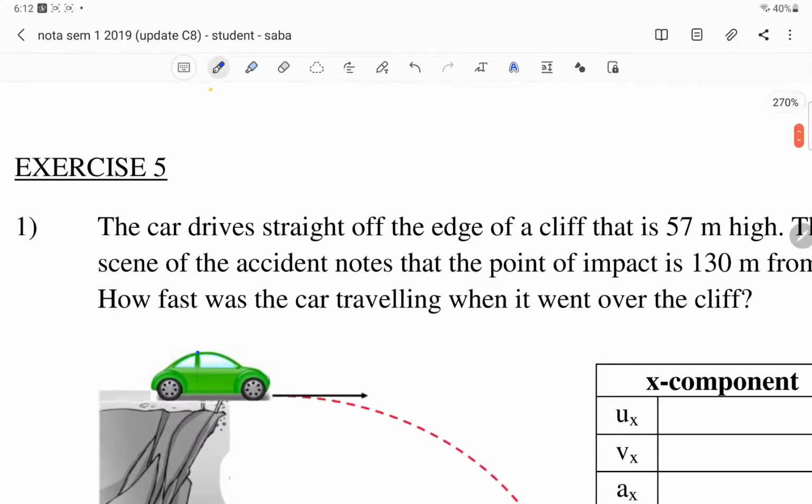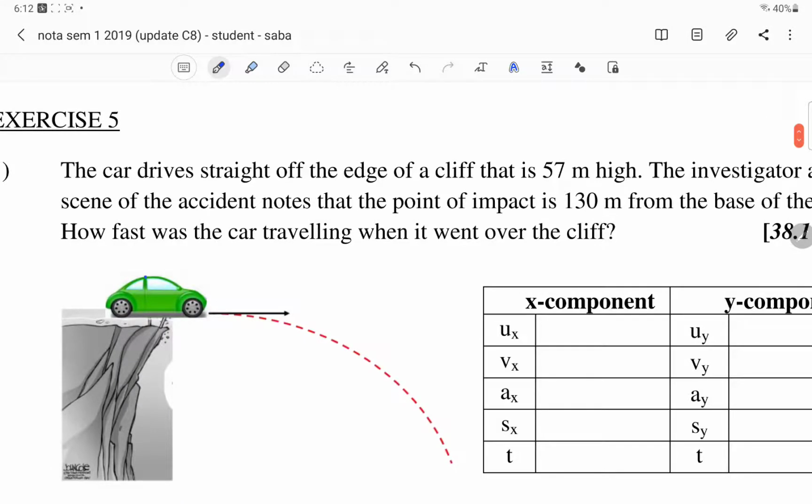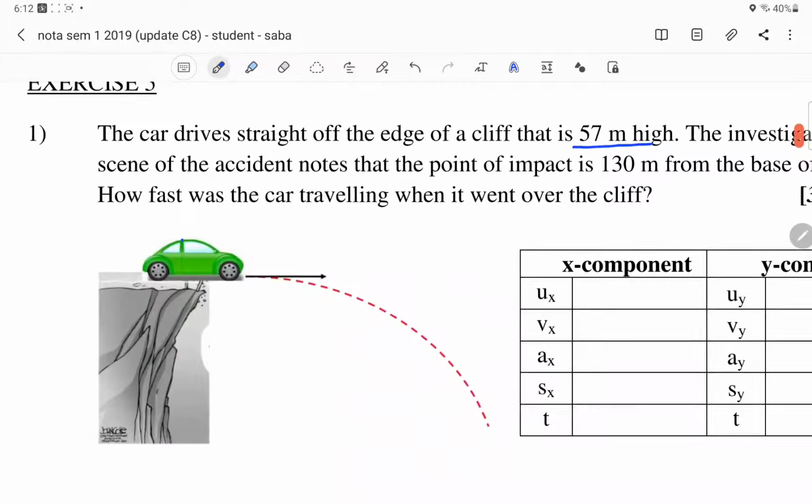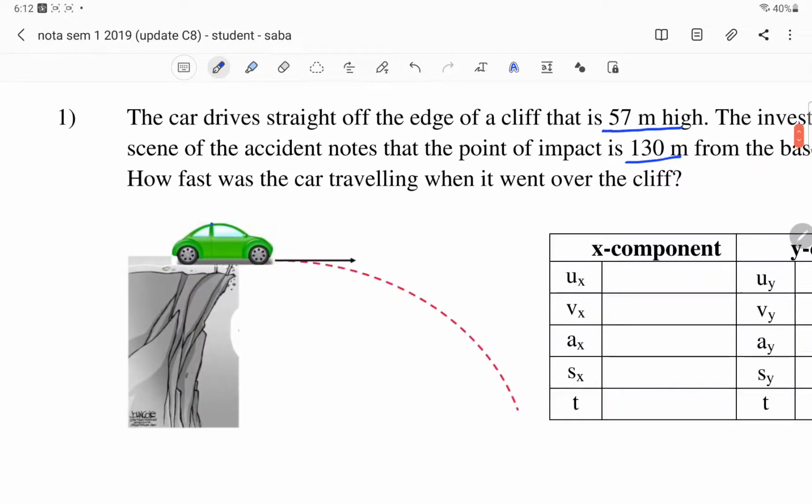Exercise 5. The car drives straight off the edge of a cliff that is 57 meter high. The investigator at the scene of the accident notes that the point of impact is 130 meter from the base of the cliff. How fast?